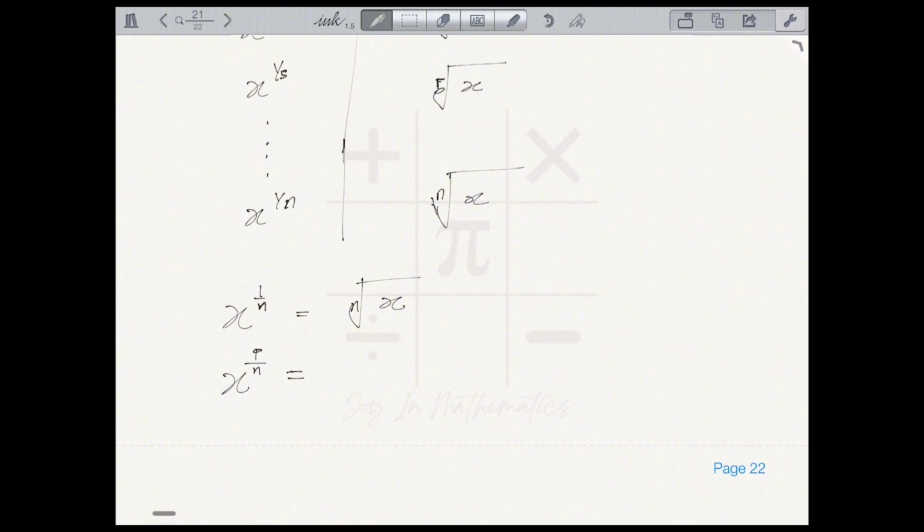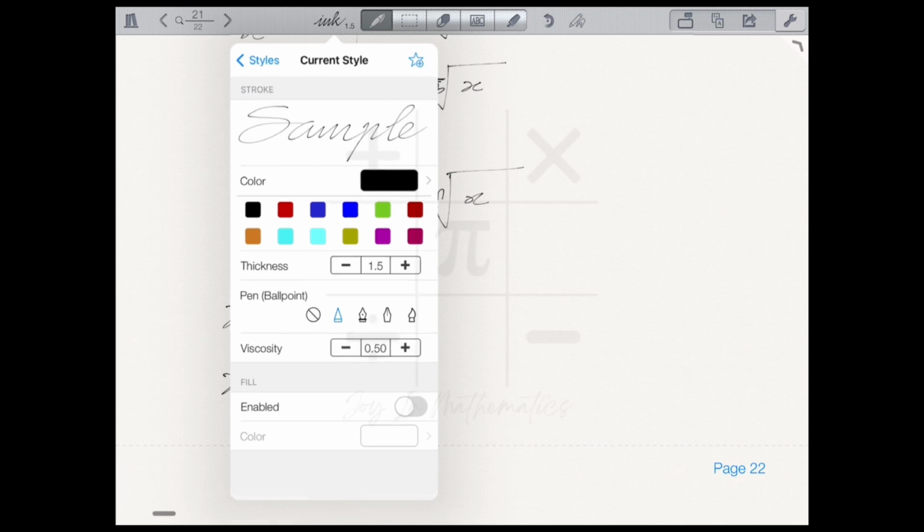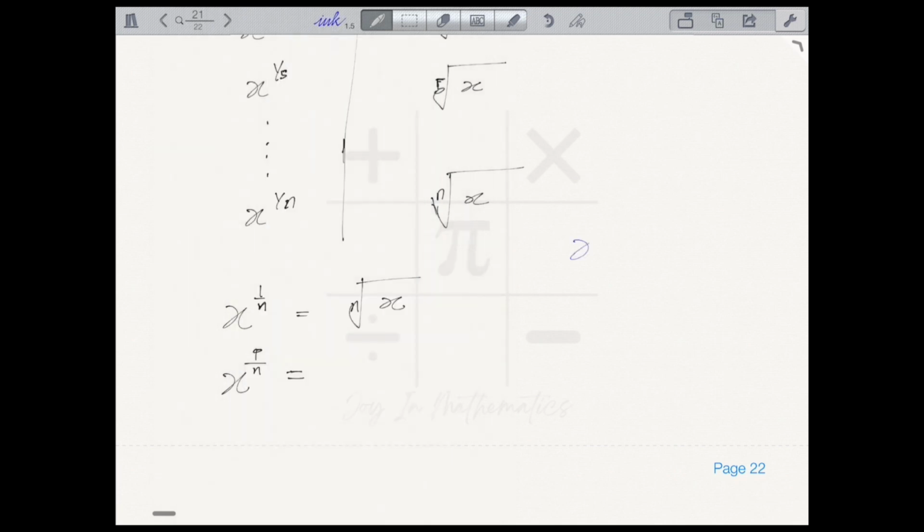Now, x raised to power p over n, we can rewrite it in terms of the product law. We recall our product law formula that says a raised to power x, all raised to power y, is equal to a raised to power xy.